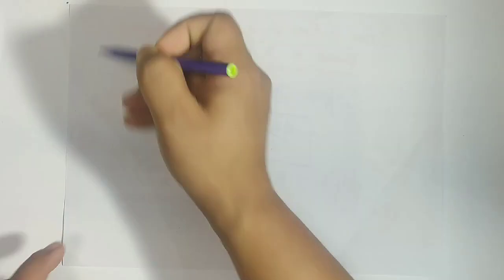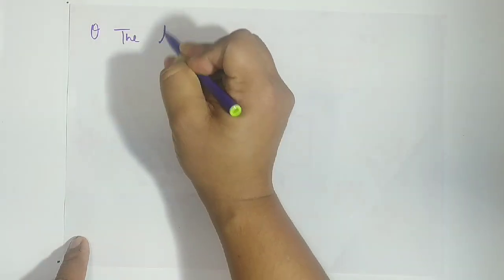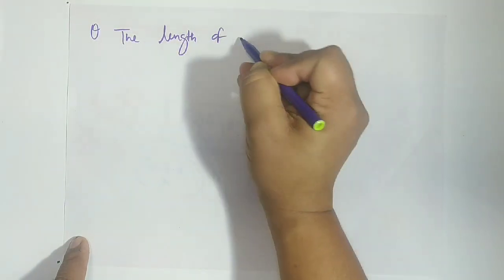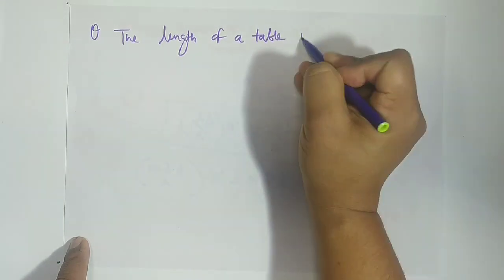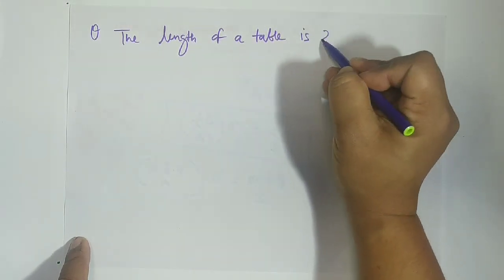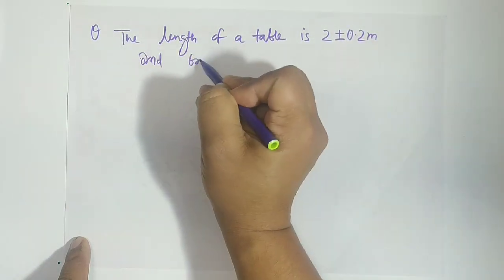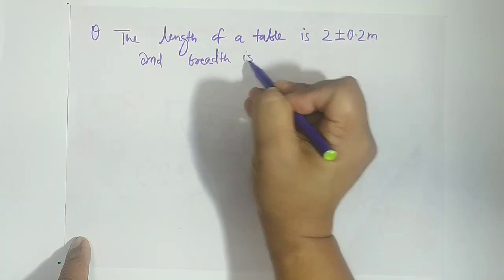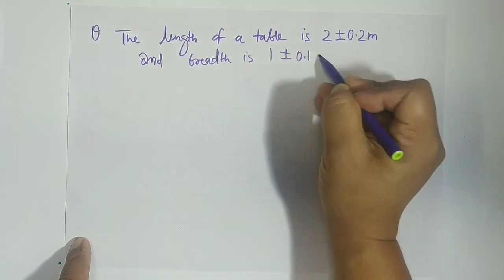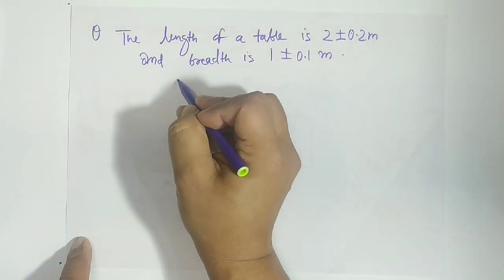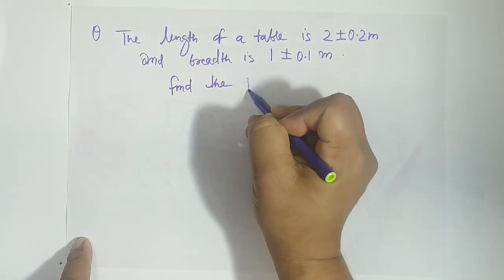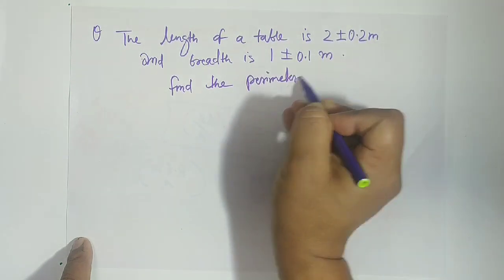Now we can do some basic numericals. Say the question comes in this form: the length of a table is 2 plus minus 0.2 meter and breadth is 1 plus minus 0.1 meter. Find the perimeter with error value.